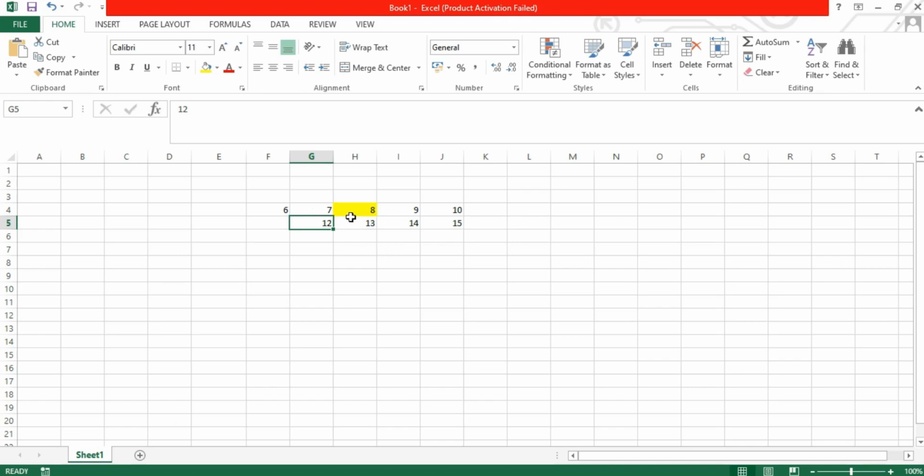And then check 12.5, then 13, then 13.5, 14, 14.5. The ruler has all the numbers. It has 0.1, 0.2, 0.3, 4, 5, 6, 7, 8, 9, and then the whole number comes. That's how the ruler works.